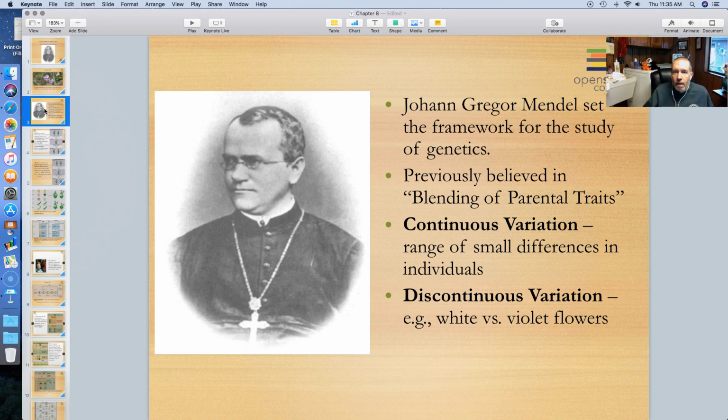We also know now through the work of Mendel and others that there can actually be a couple of main ways that offspring do receive traits from their parents. They can either get it via what we call a continuous variation, which means there's a whole range of small differences. In other words, in humans, for example, you have everything from pure black hair to almost white colored hair.